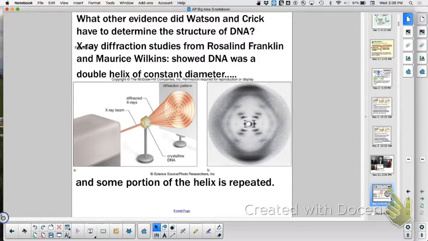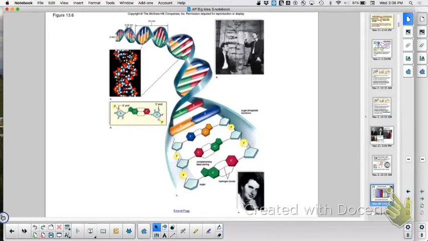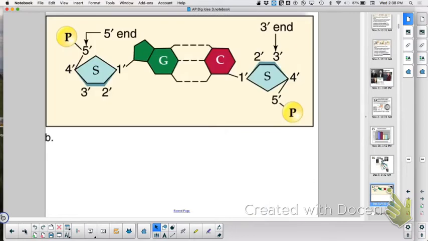What was another piece of data they used to come up with the structure of DNA? Chargaff, right? Matching however many A's you have also T's, and G's you have C's. They also knew the components of DNA, and then they knew bond angles. And so that's how they came up with the double helix structure. Okay, there's Chargaff's data, Rosalind Franklin.